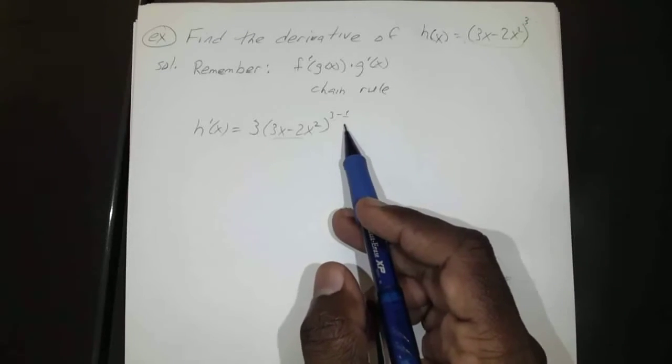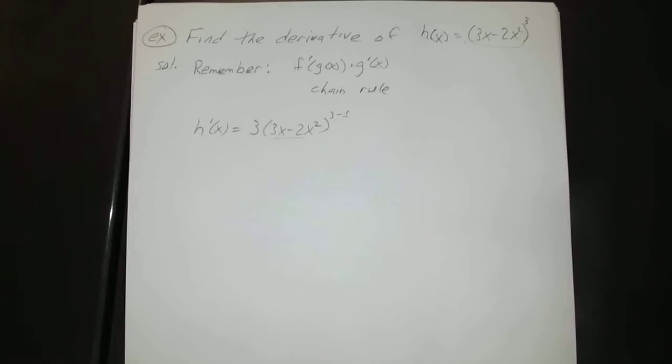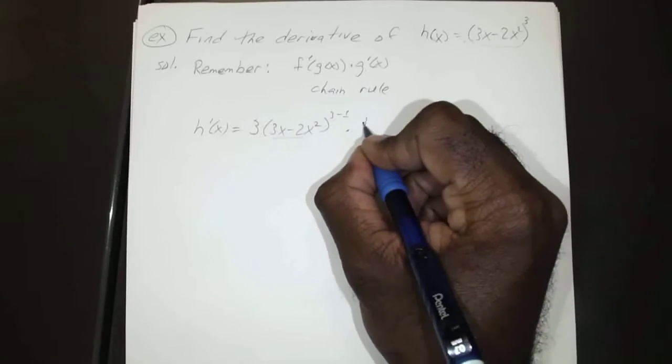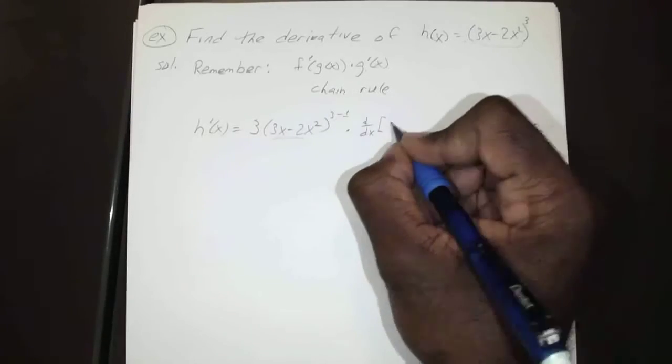So we just find the derivative of what's outside of the parentheses and then find the derivative inside the parentheses? Exactly, that's it. Once you find the derivative of the outside, now your g prime of x is just the derivative of what's on the inside.